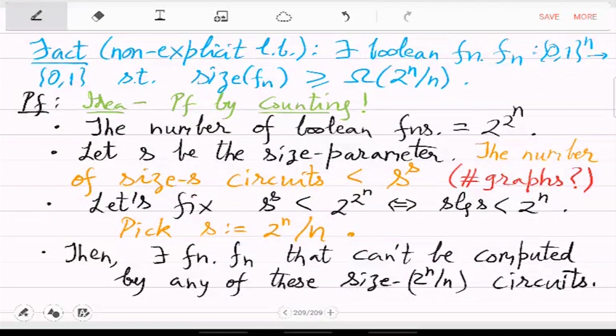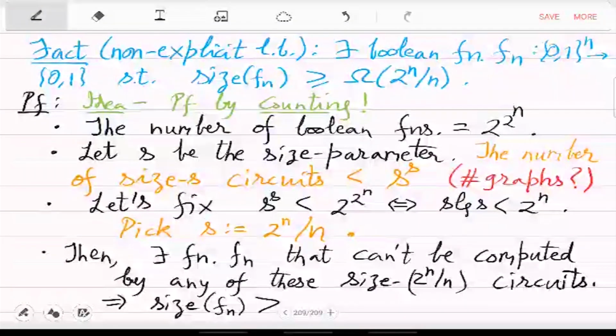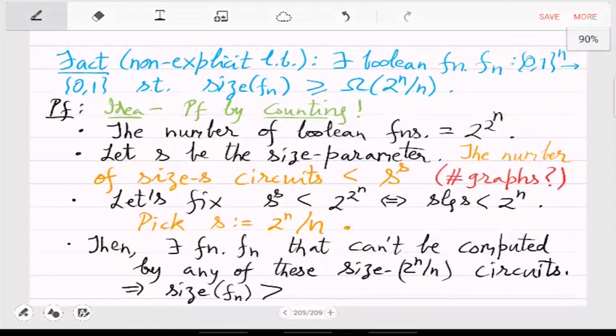Right. So, the functions are more, circuits are less, and hence you can find a function which requires size more than 2 raised to n by n. But the problem is, it's a simple proof, but it doesn't tell you how to find this Fn.